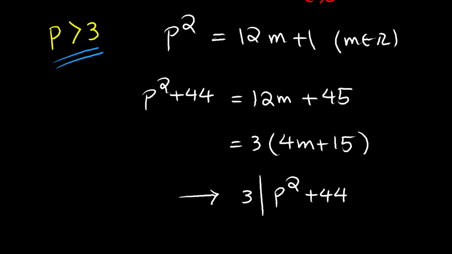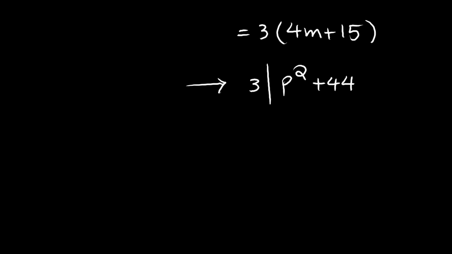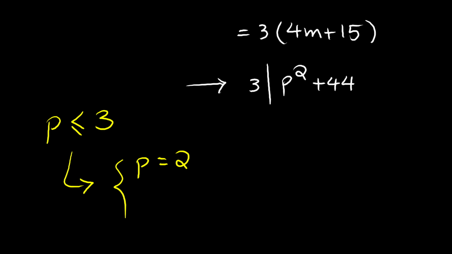So if we want p squared plus 44 to be a prime number, where p is a prime number, we have to have p less than or equal to 3. Now we know that the only prime numbers that are less than or equal to 3 are 2 and 3.